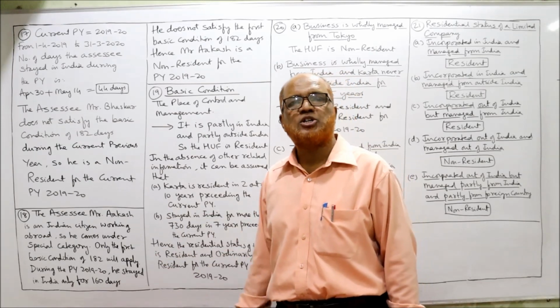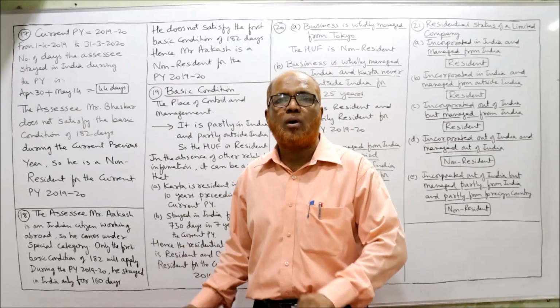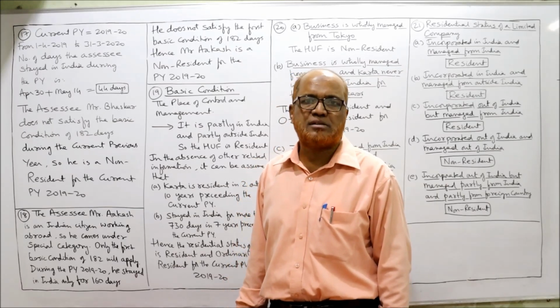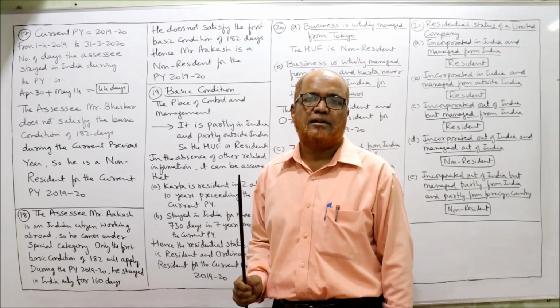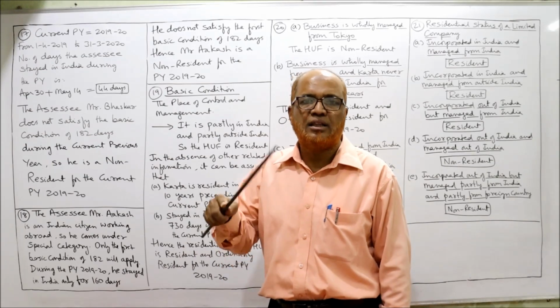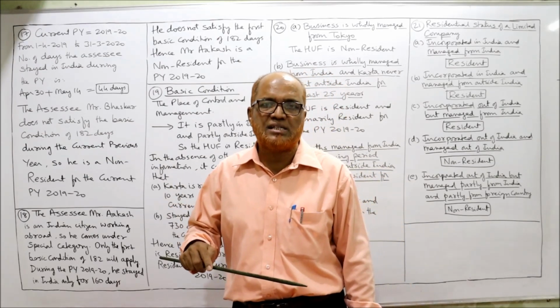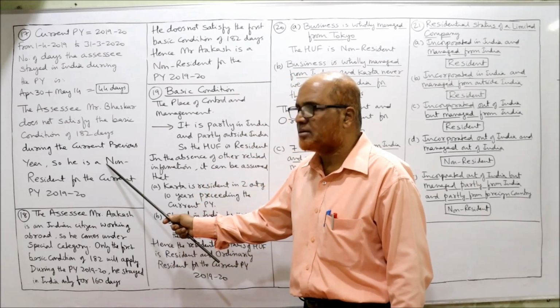He comes under a special category because he is an Indian citizen who is going abroad on employment basis, on profession basis. The first basic condition only will apply, that is 182 days or more he should stay in India, then only he will become resident. If he stays less than 182 days, he will be a non-resident. So he is a non-resident.